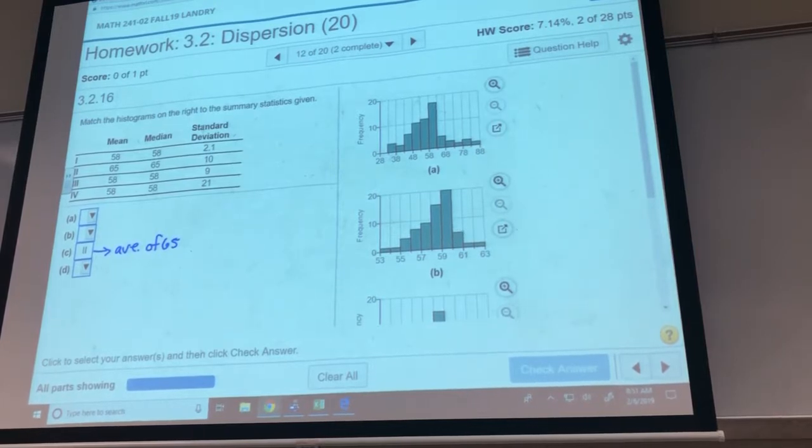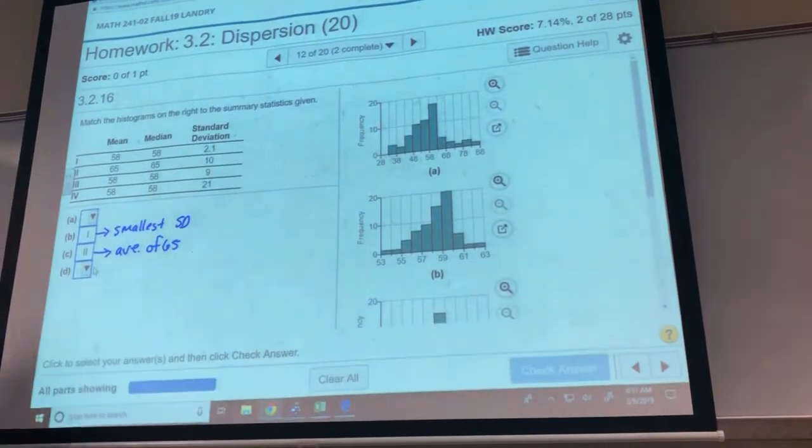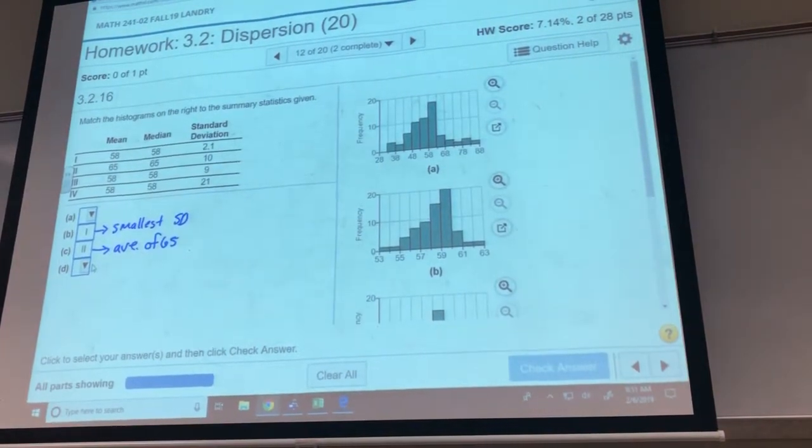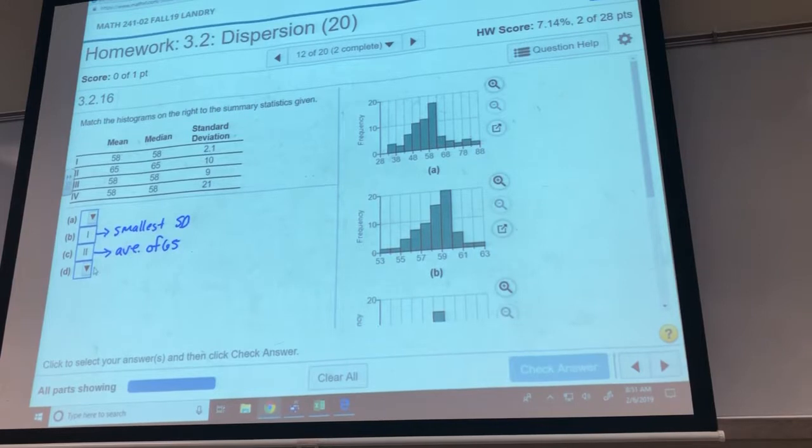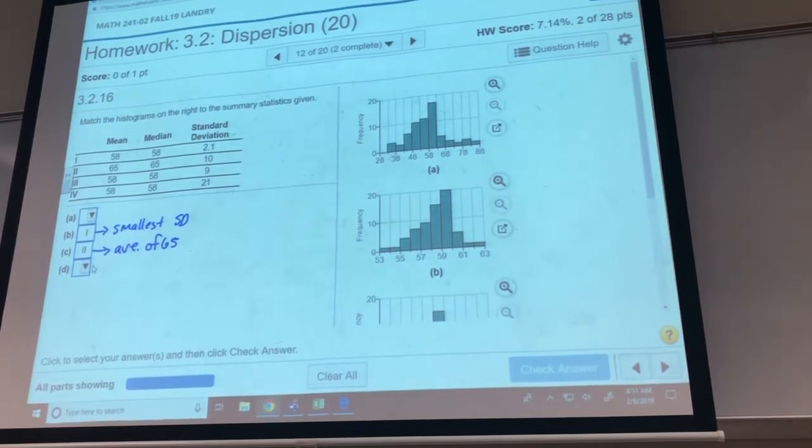So B is going to be 1 because it has the smallest standard deviation. This is going to be the same as the graph with the smallest range.